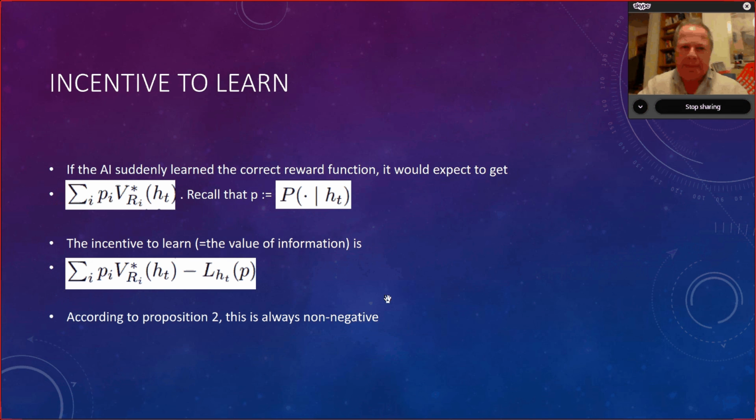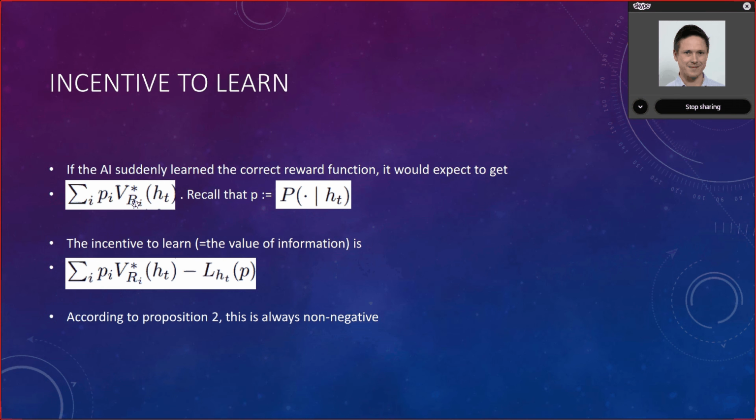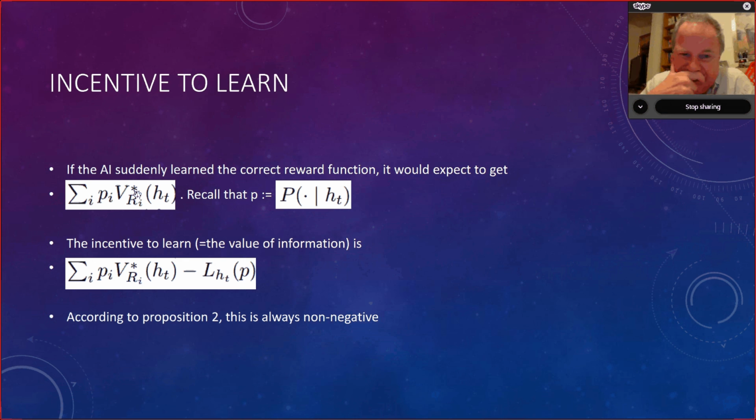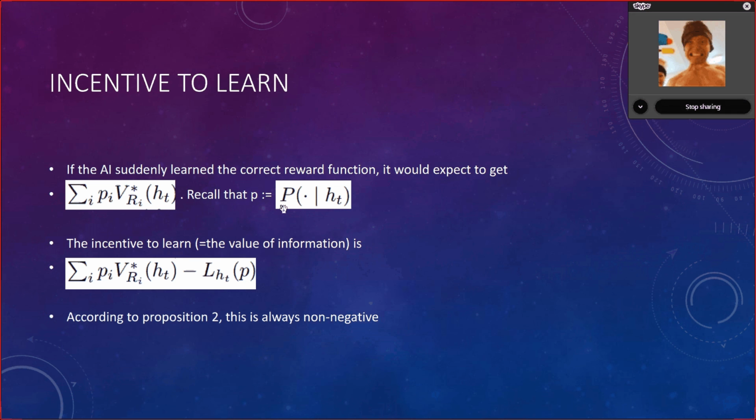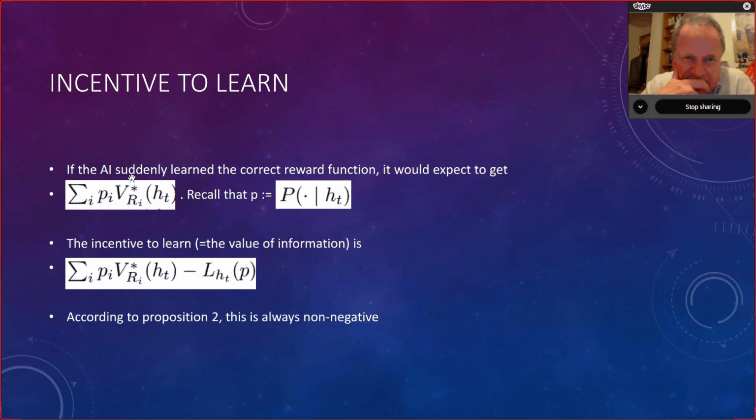In this case, it would get the optimal reward function according to each part of its belief, where this P here maps a reward function, this C dot value, where it takes the i-th hypothesis and maps it into the posterior probability given this particular history.